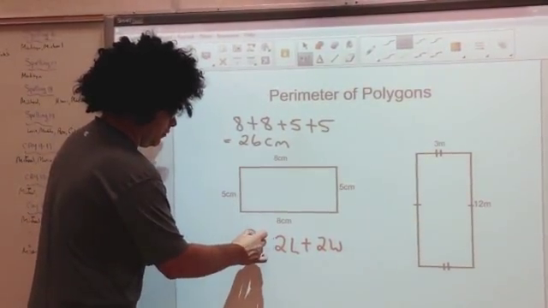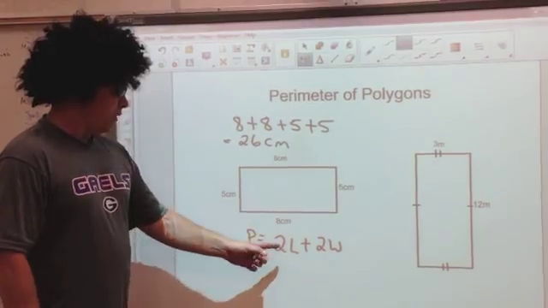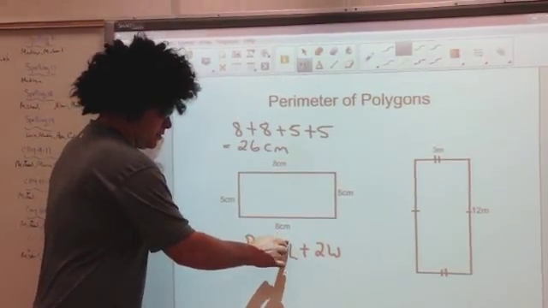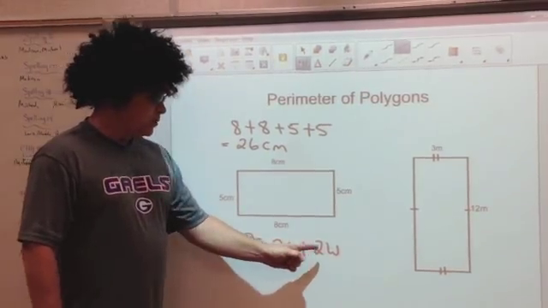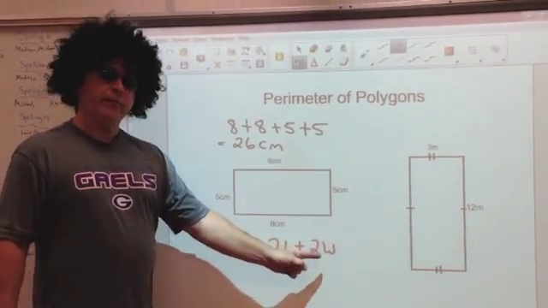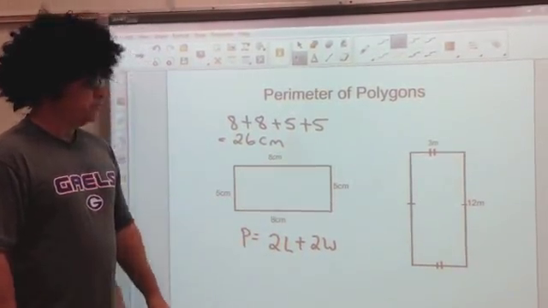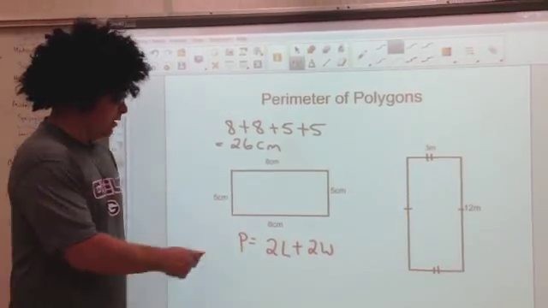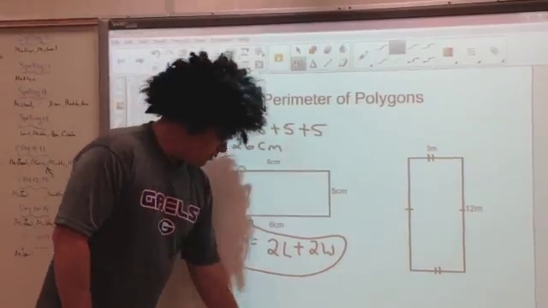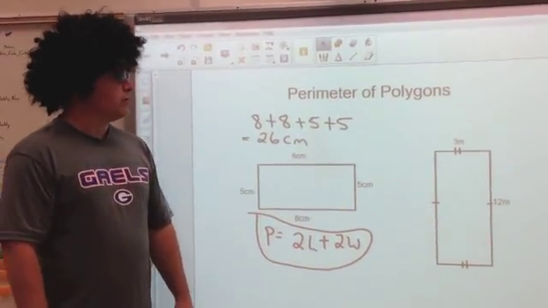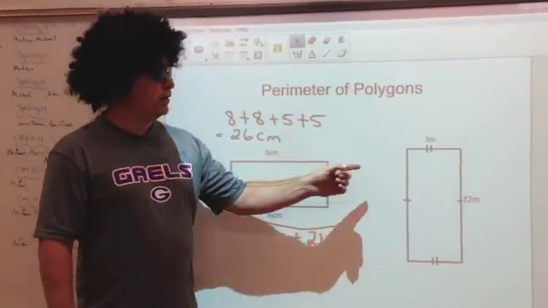And we'll put a P there for perimeter is equal to that. So all we'd have to do now is substitute in our length value right there, multiply it by 2, substitute in our width value, multiply that by 2, add them up, get our perimeter. So that's also a formula or an equation that we can use to figure out perimeters as well.